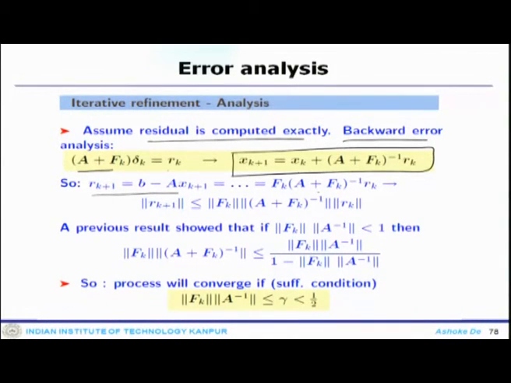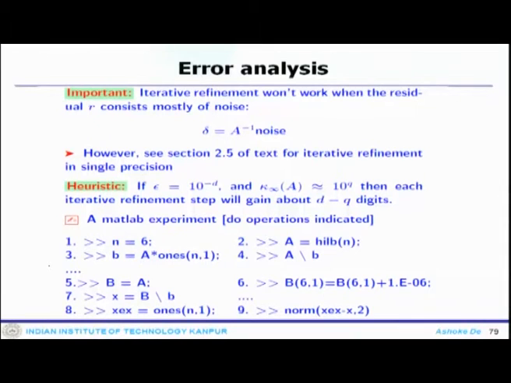So, this is the sufficient condition for the convergence that one has to achieve. These are the similar kind of proofs that we have done. What is important here is that iterative refinement won't work when the residual r consists mostly of noise, that means delta equals A inverse noise.